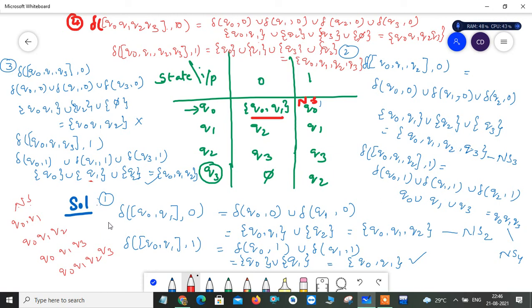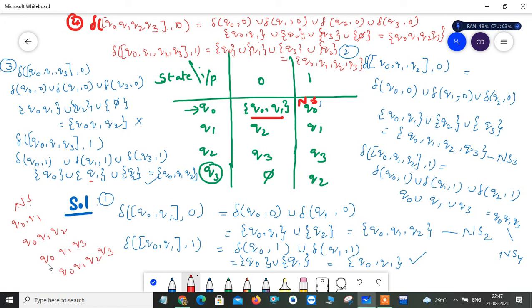So now I want to identify what will be the final states here, right? From the newly constructed states, I need to verify what will be the final state in my given transition table. From my given transition table, Q3 is my final state. So from the generated new states, every new state consisting of Q3 will become a final state.